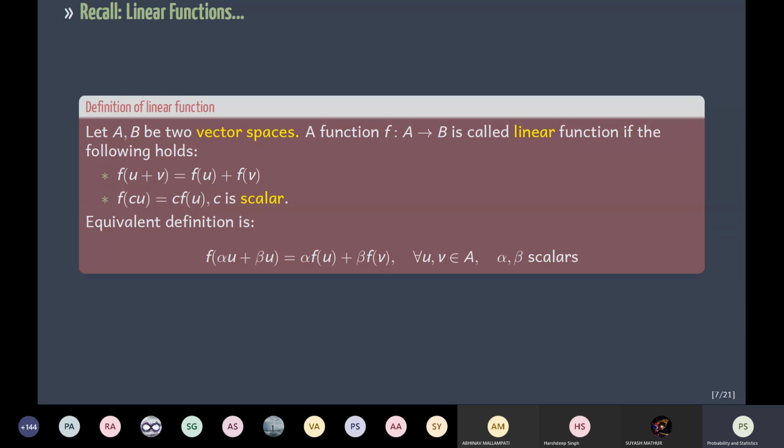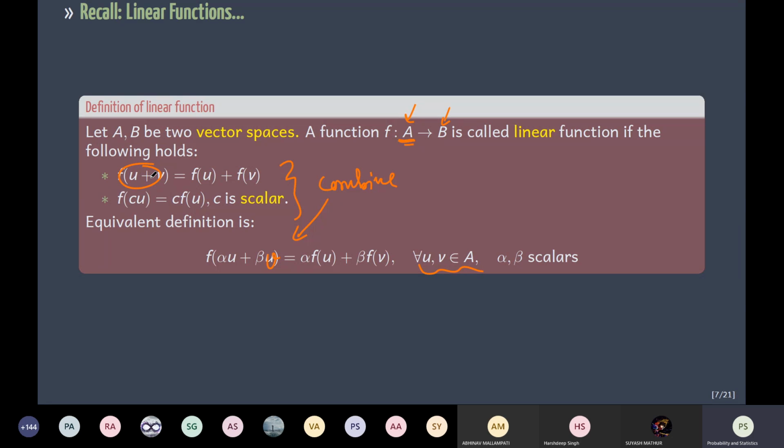And then an equivalent definition could be to combine these two: f of alpha u plus beta v is alpha f of u plus beta f of v, where u and v are vectors in the domain. So A and B are vector spaces, which is why vector addition makes sense.